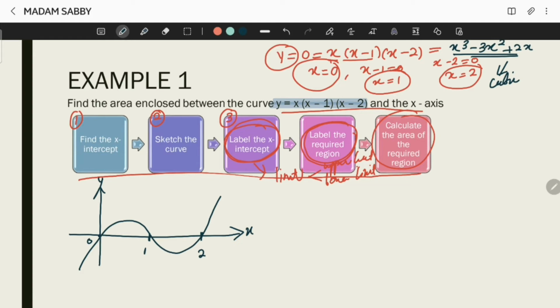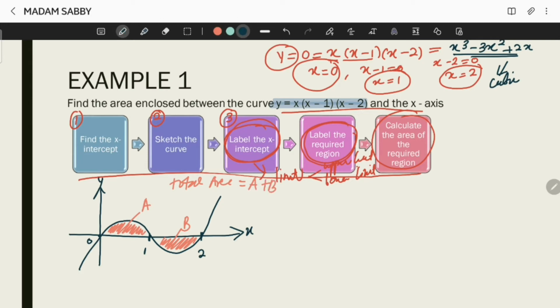The area enclosed between the curve and the x-axis is this part. This is the first area, and this is the second area. It is a combination of areas, so you need to find area A and area B, and the total area equals area A plus area B.